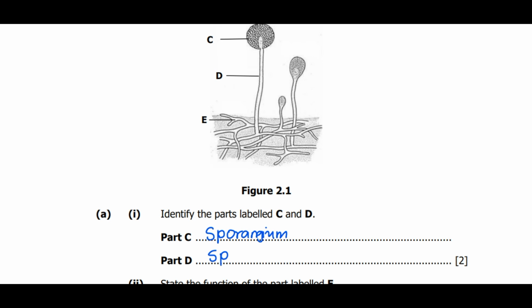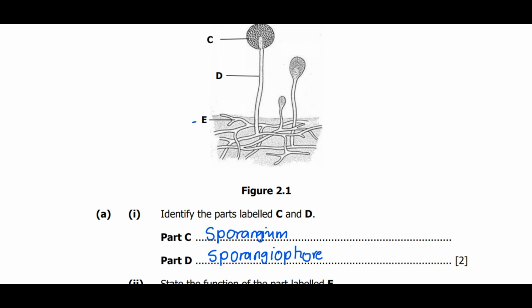So this is the sporangiophore. These two terms may sometimes give you problems, so you need to find something that helps you remember which one is the sporangium and which one is the sporangiophore.